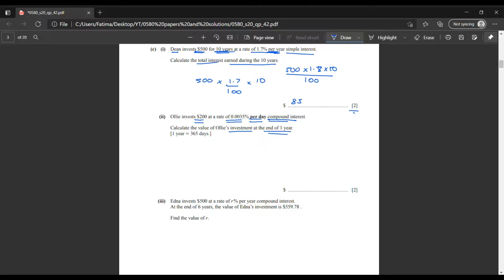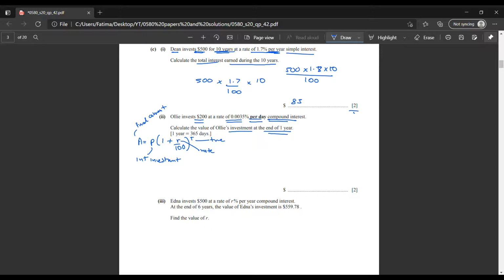So first, the formula you should know is, I believe, A is equal to P into 1 plus R by 100 raised to T. So over here, A is our final amount. This is our initial investment or initial amount. R is the rate and T is the time.